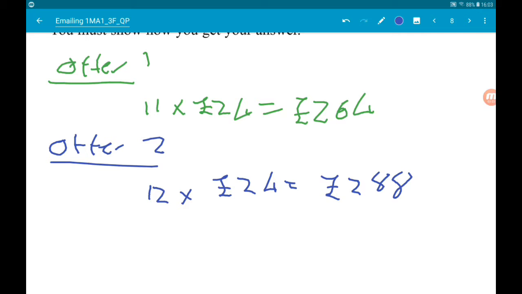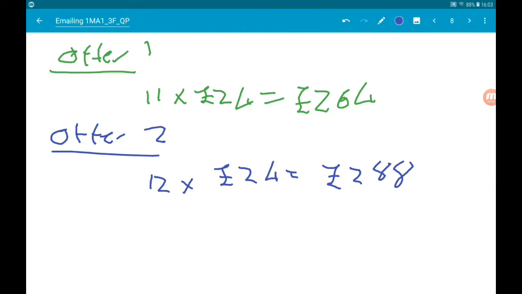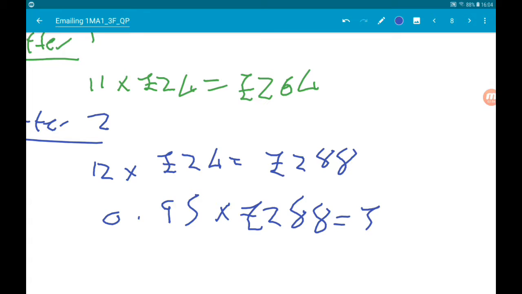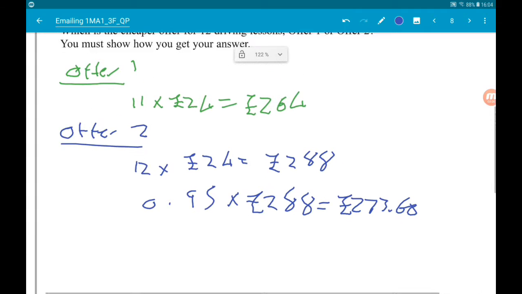The really clever way to do it is to use your calculator and do 0.95 times 288. That's finding 95% of 288. And that gives us £273.60p. So, offer 1 is cheaper.